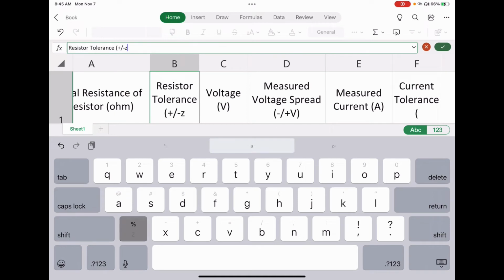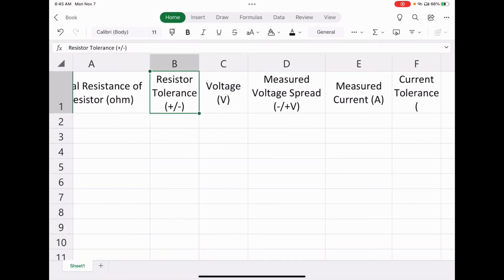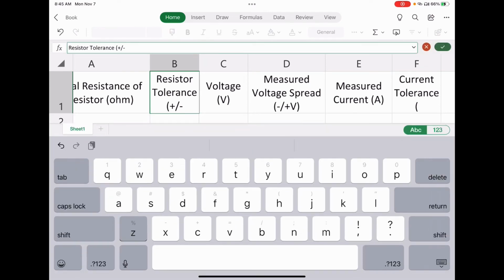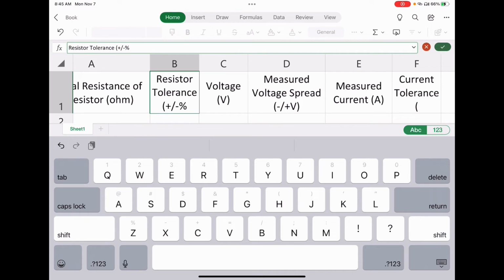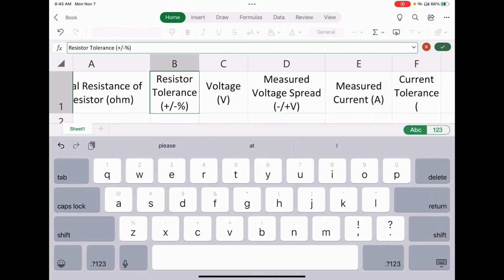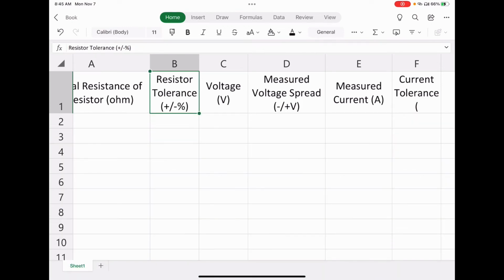And I'm going to put percentage. All right, so that should hold right there.